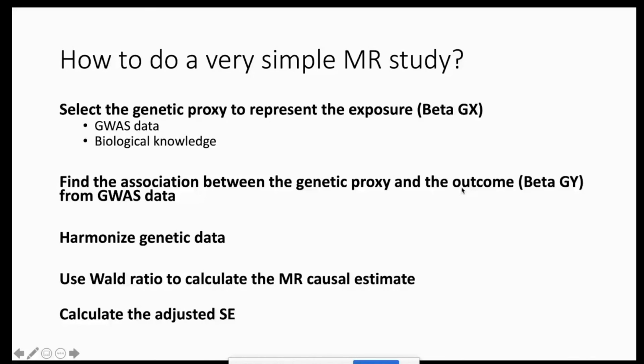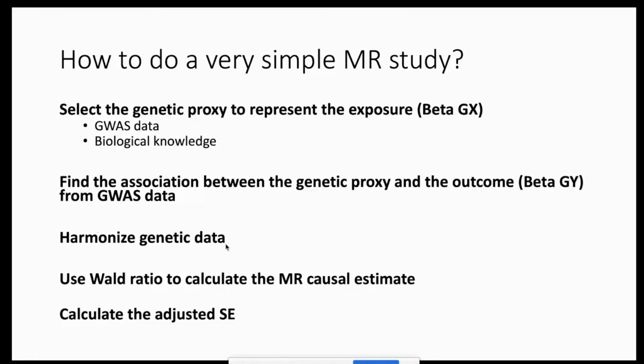And this gives us, as I said, the beta coefficients, so the strength of the association between the genetic variant and the exposure, and the genetic variant and the outcome. Then we harmonize the genetic data to make sure that all the alleles match and that the data is compatible. And then we use the Wald ratio to calculate the MR causal estimate, and then we calculate the adjusted standard error for the Mendelian randomization causal estimate.